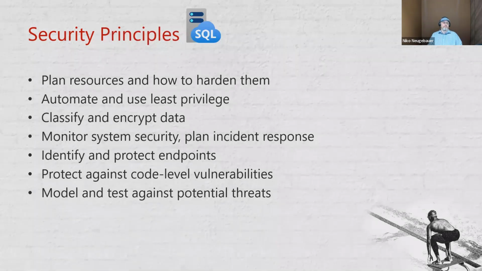Use the security principles, plan the resources and how to harden them. Most of this, actually, security costs you money. Those who do not care for security do not care about cost optimization, because I think yesterday there was a great example.